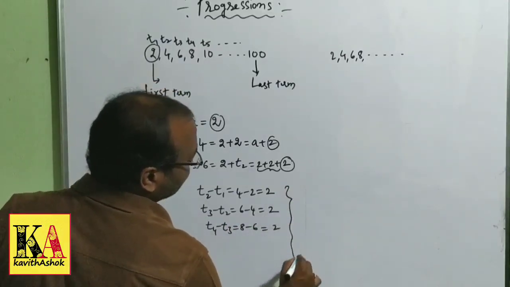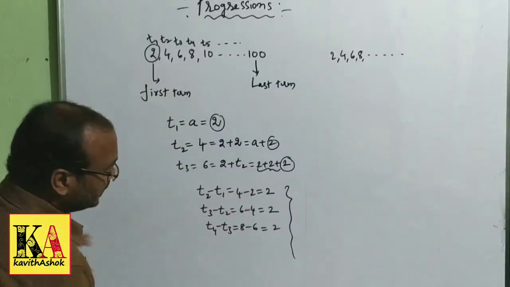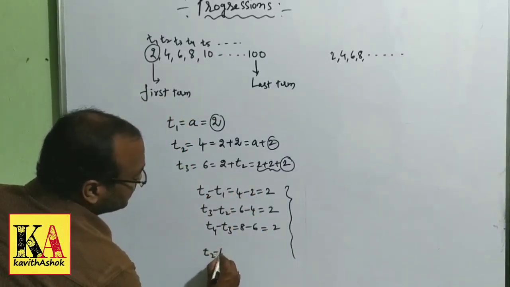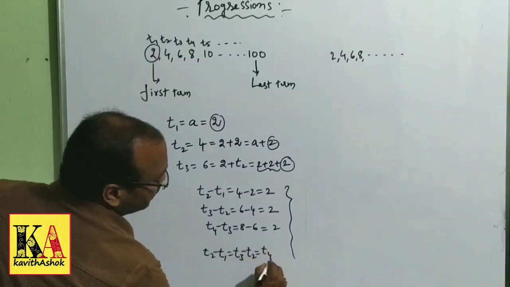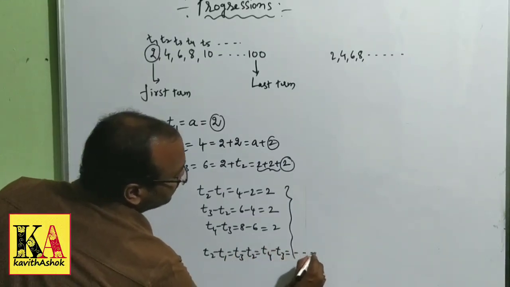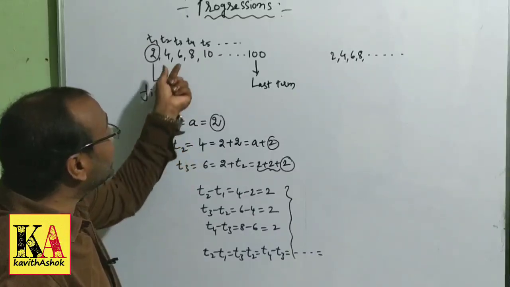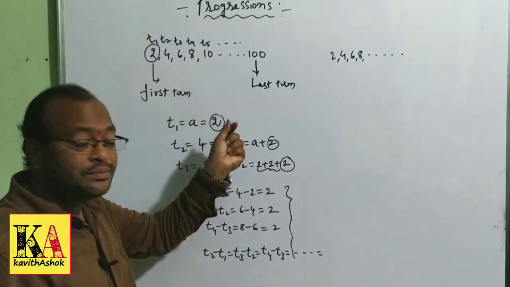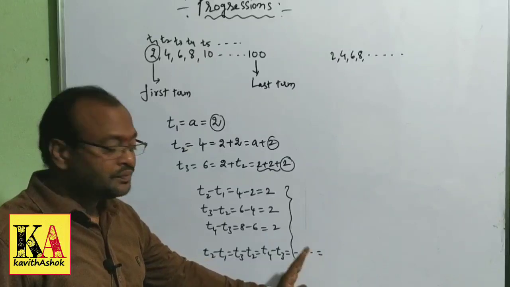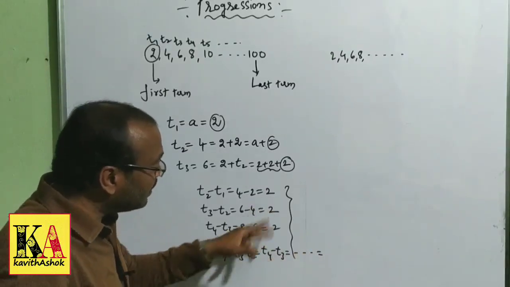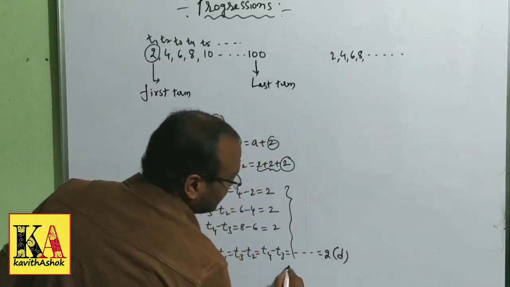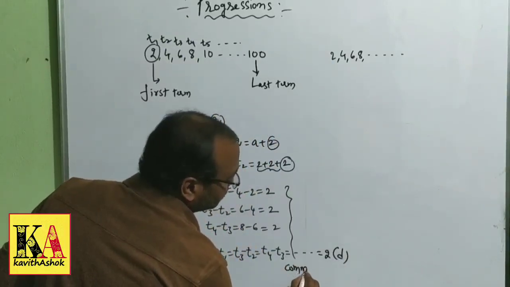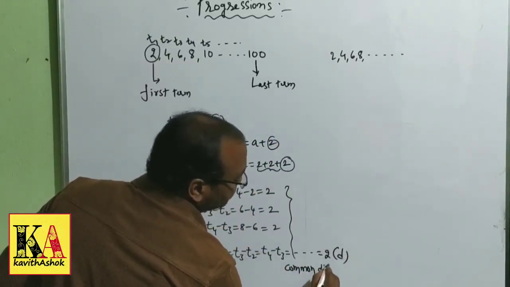So in all these cases the difference is the same. That means the T2 minus T1 value, the T3 minus T2 value, and the T4 minus T3 value are the same. So the difference between two consecutive terms is always the same here. We call that particular value D, the common difference.